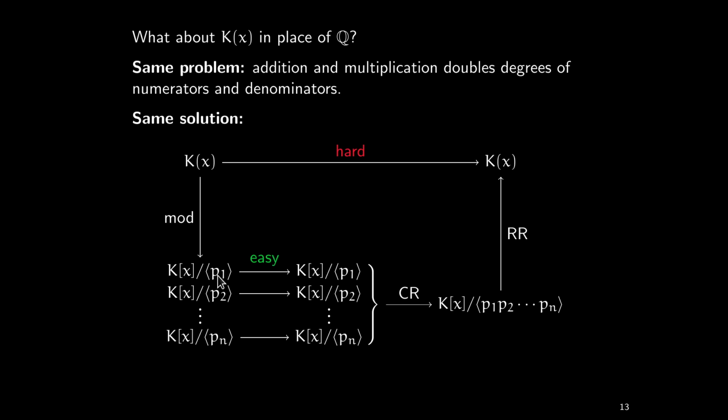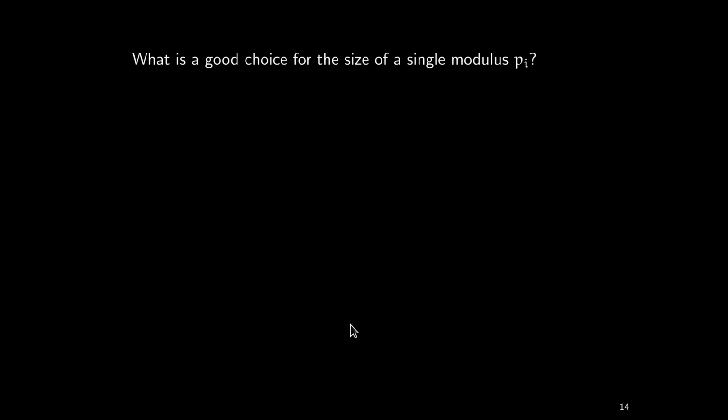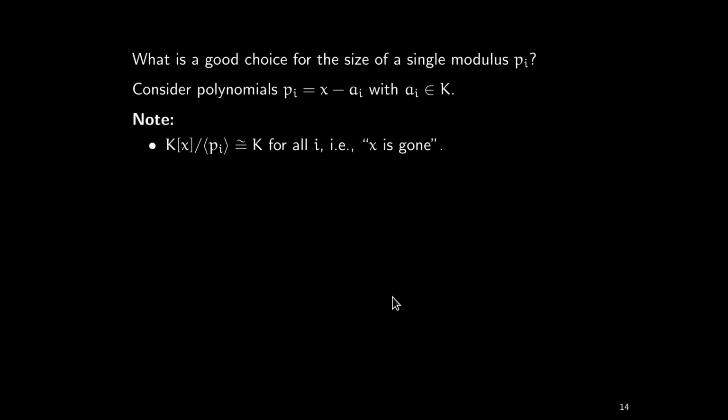So you have really eliminated the x from the computation. There's no x anymore in the business. You're just computing in k. Okay, so this is fortunate, because the x is something that could cause slowdown. So if you can get rid of it completely, then that's a good option.